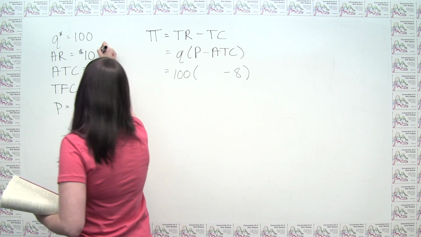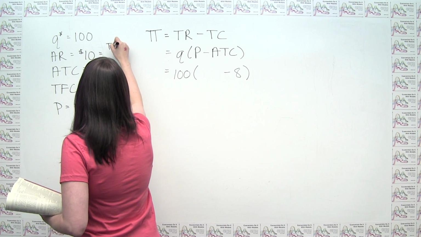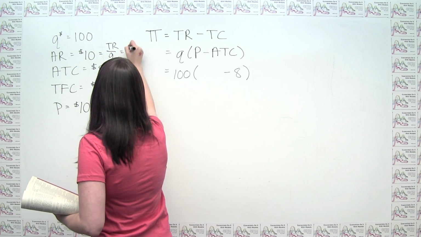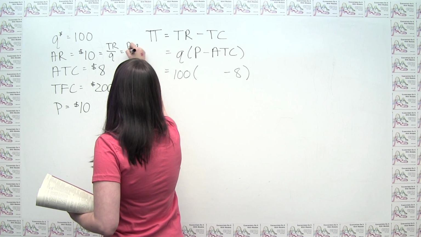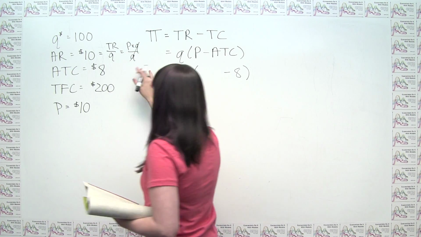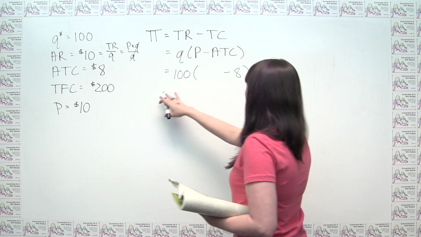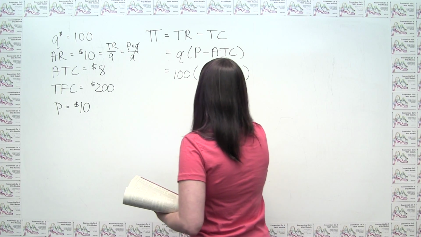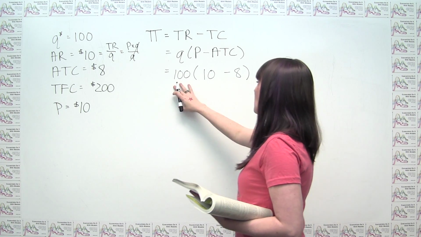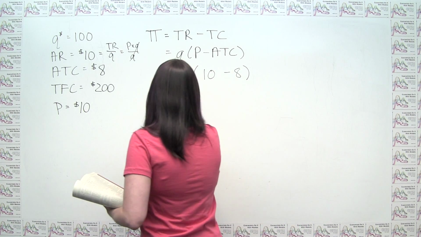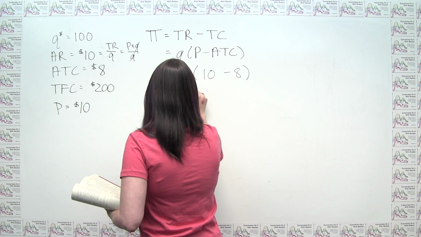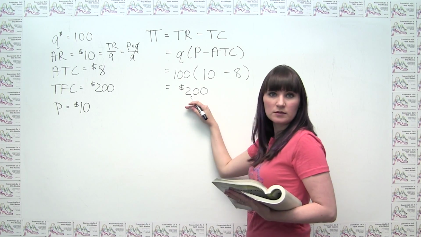Because average revenue is just total revenue divided by quantity, which would be price times quantity divided by quantity, which not surprisingly is price. So then we can just put that price over here, and we see that our profit is equal to 100 times 10 minus 8. So we're going to see that our profit is going to be $200.